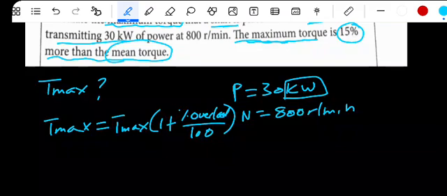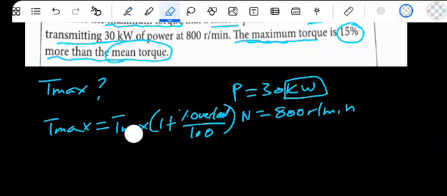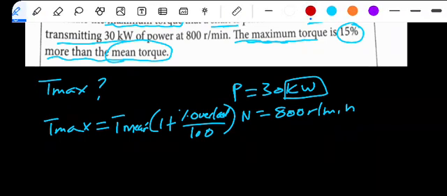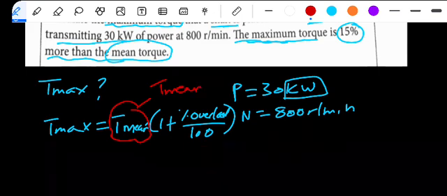Sorry, here it's supposed to be T mean, always. To calculate this, we are supposed to have the T mean. We cannot determine it without having T mean.